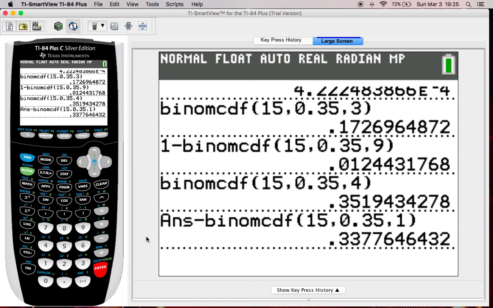So I have a Word document that I will post that kind of helps you through what you need to put in depending on what the problem is asking of you. And this is something that you will be able to have with you for your exam. Okay, this kind of helpful cheat sheet that I've created.